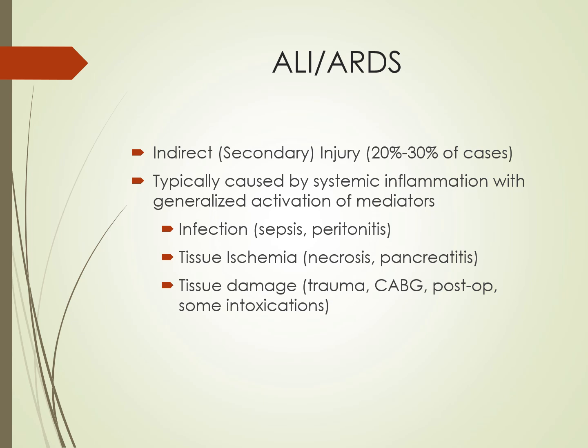Tissue ischemia, such as necrosis or pancreatitis, is another example of secondary ARDS. And finally, some patients suffer tissue damage as a result of trauma or a CABG or post-op. All of these patients sometimes develop ARDS, and this would be considered secondary ARDS.